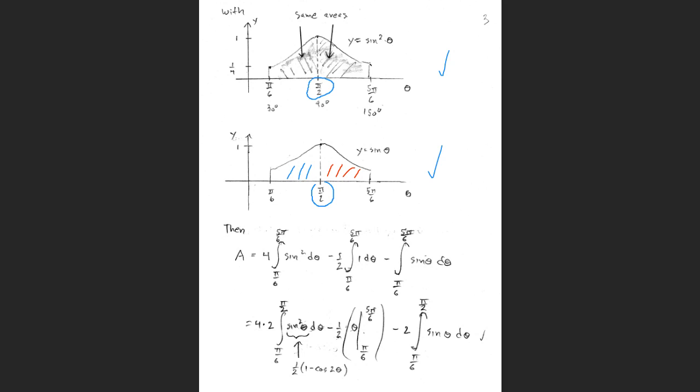For instance, the first integral, sine squared from pi/6 to 5pi/6, is the same as 2 times the integral from pi/6 to pi/2. See that?